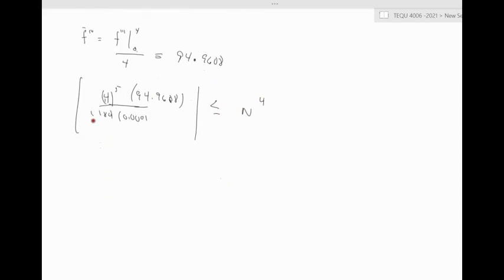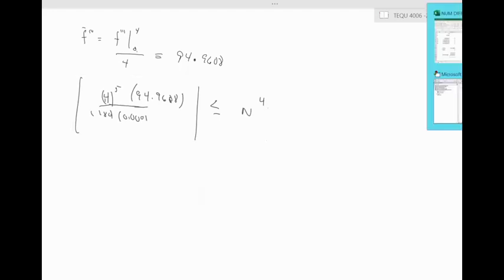So finally, the n value, if we work all this in Excel, let me do that. Remember, I need to get the 1/4 root of this guy. So let me do that in Excel. Control copy.